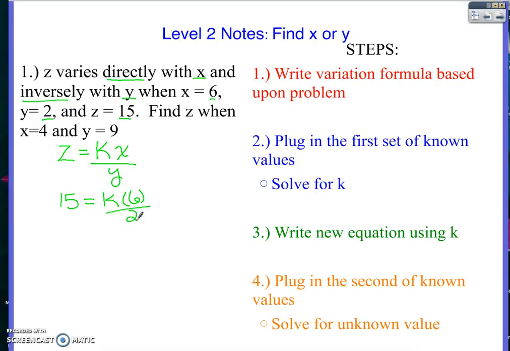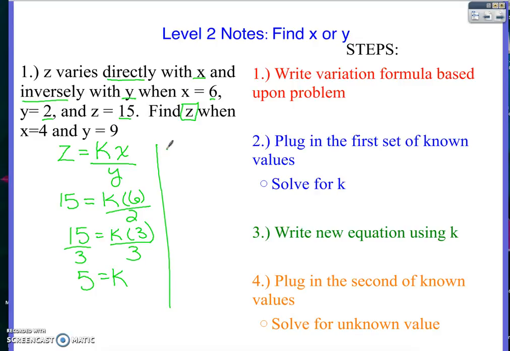And I need to simplify this. So 6 divided by 2 is 3. So 15 equals k times 3. In order to get k by itself, I need to divide by 3. So I have 5 equals k. Now that I know what k is, I can go ahead and solve for z in the second part of our problem.